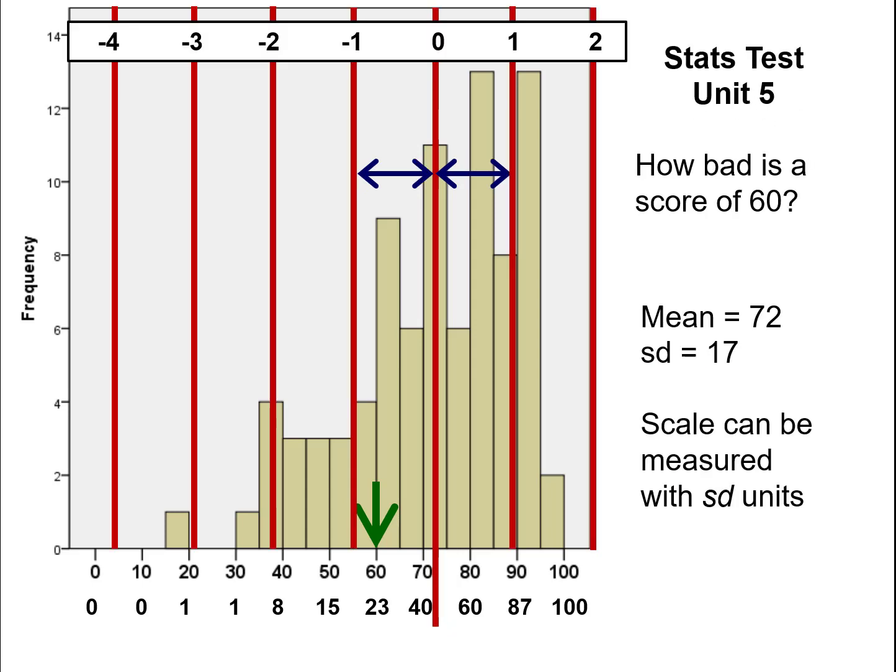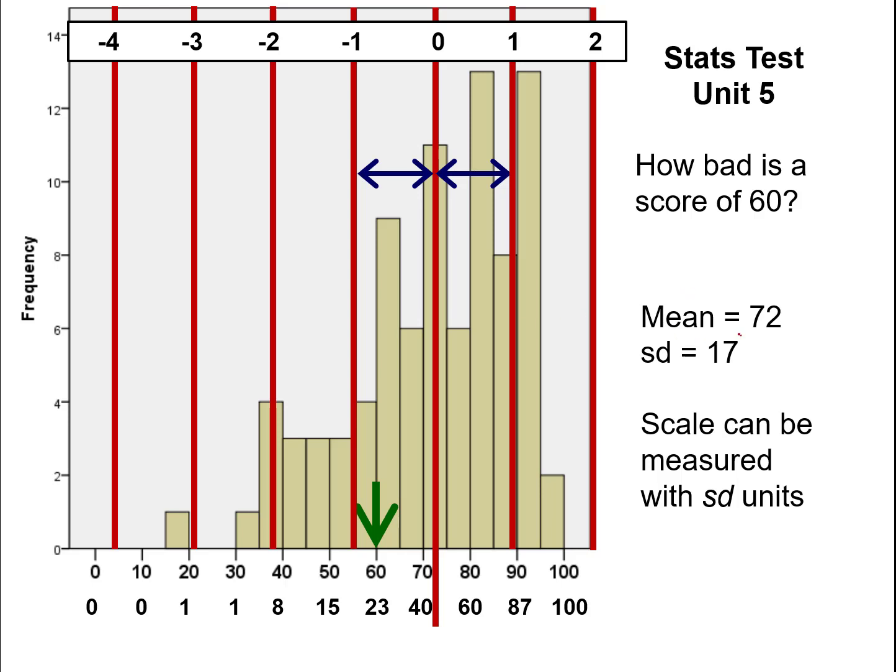In the song about the standard deviation, the lyrics talked about how the standard deviation can be used to measure things. And that's exactly what we're going to do here. What I have here is the same histogram we've been looking at, the same distribution of test scores, and I've marked off this distribution in standard deviation units.